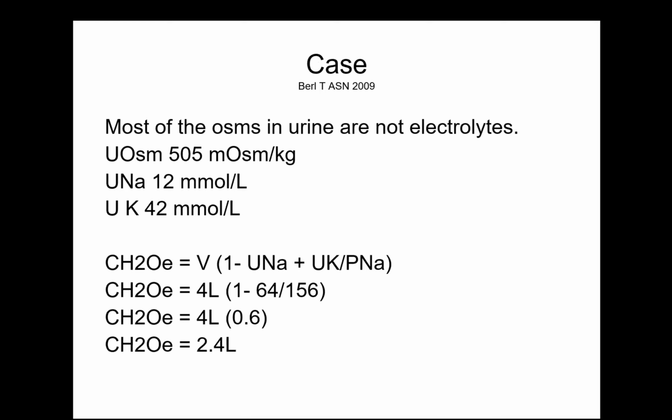Both numerator and denominator would be times 2 to take care of the anion, but since it's times 2 on top and times 2 on bottom, we can just cancel it out. So you can just look at urine sodium plus potassium divided by plasma sodium. And here it's 1 minus 0.4. So we know that the electrolyte-free water clearance per day is 2.4 liters.